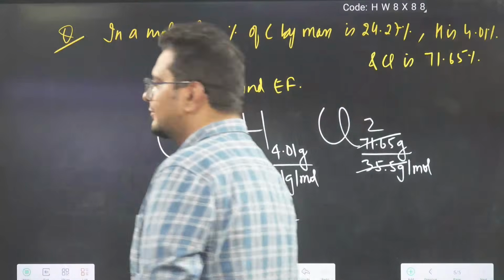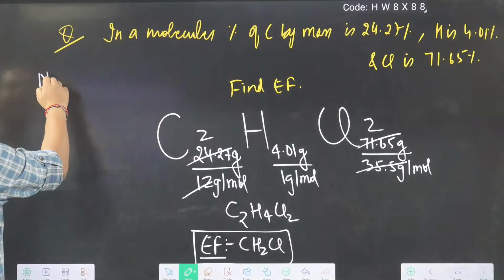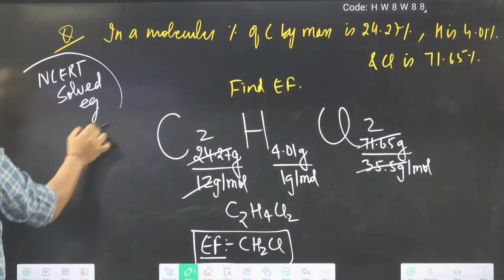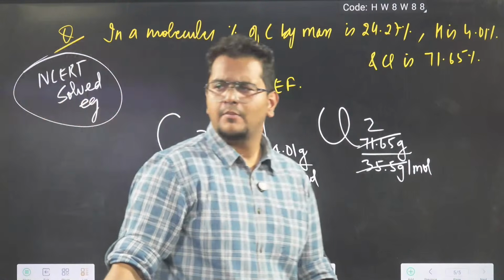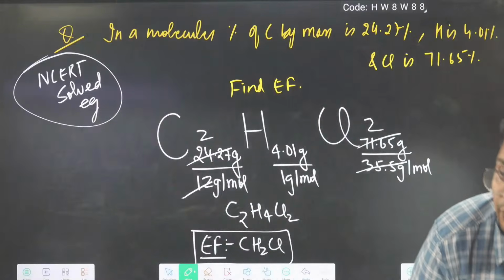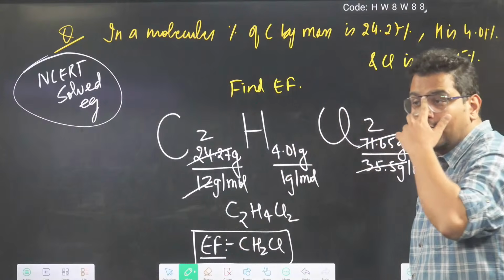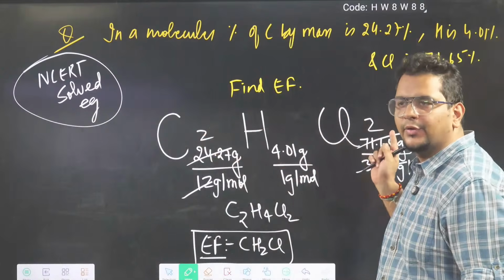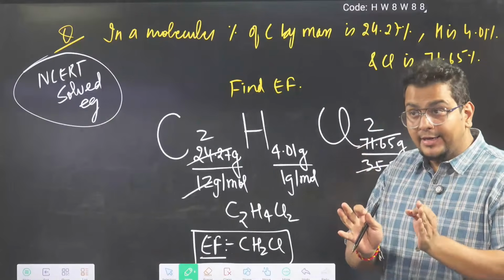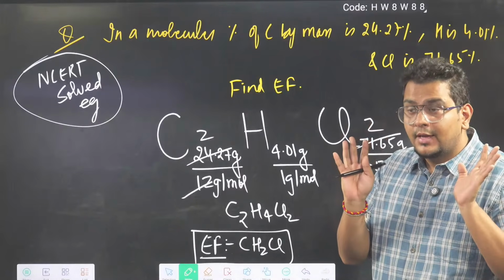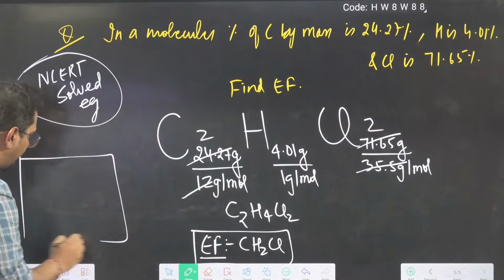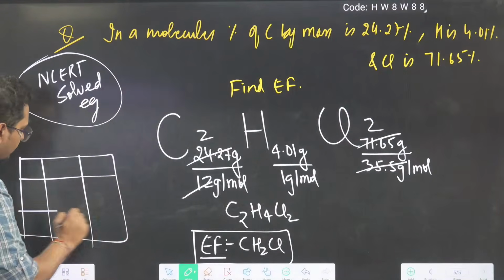Is the method clear? Is this way of solving the question clear? I want you to solve every question of empirical molecular formula in this way only. And why, you will understand in the next slide. And which way I don't want you to solve, I will tell you. People teach the tabular form also, which is a good method.